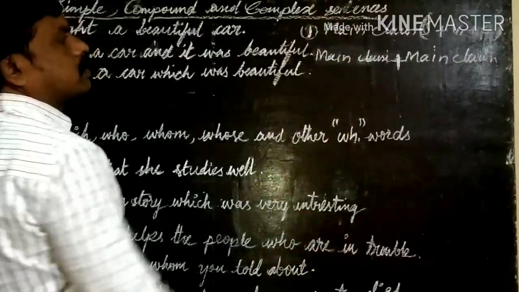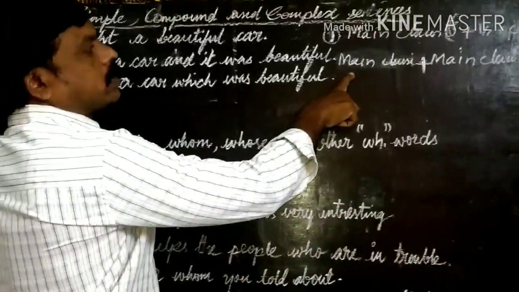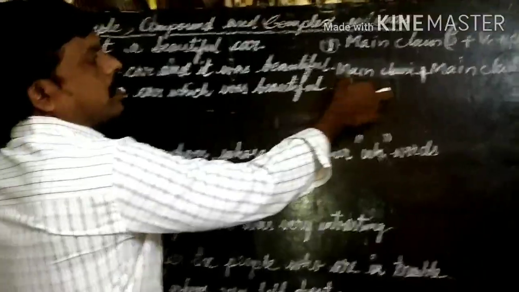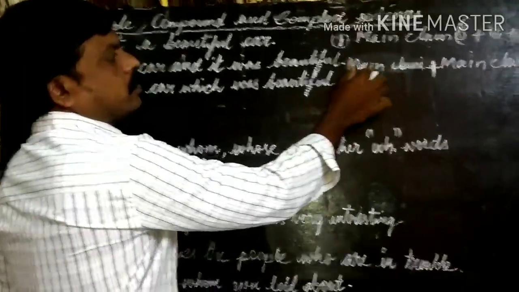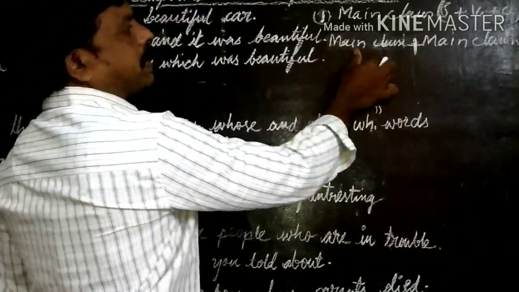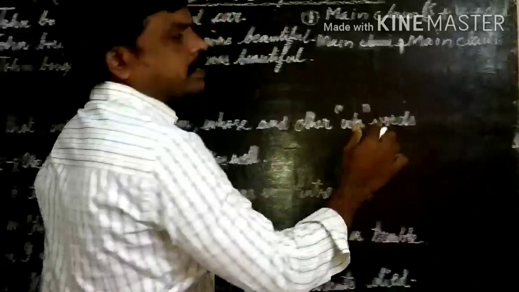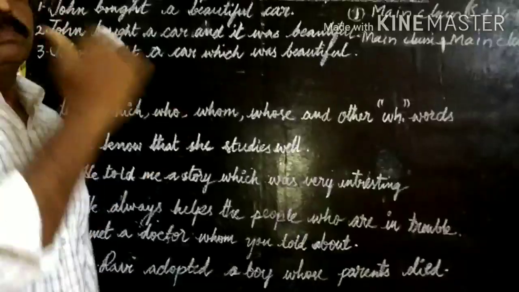Each main clause consists of a single subject and predicate. Sometimes there are more than two in a compound sentence.